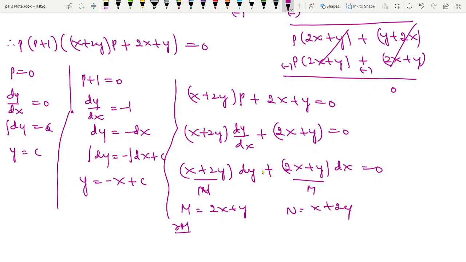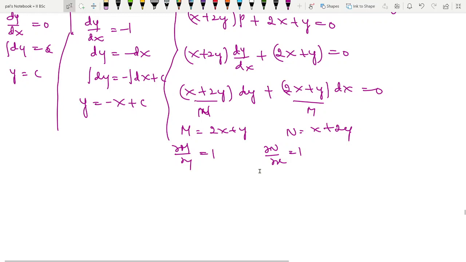So del M by del y is 1, and del N by del x is also 1. So del M by del y is equal to del N by del x. Therefore it is an exact differential equation.